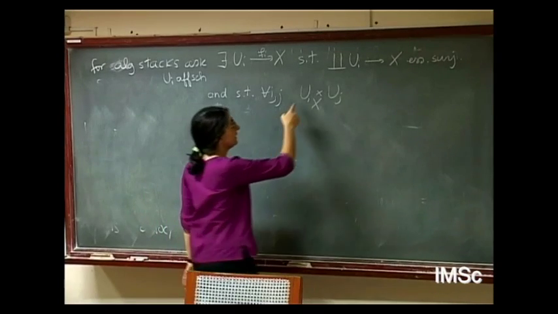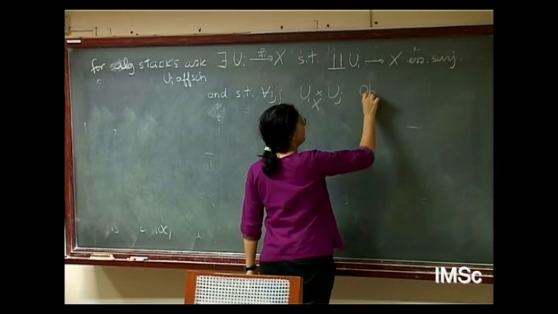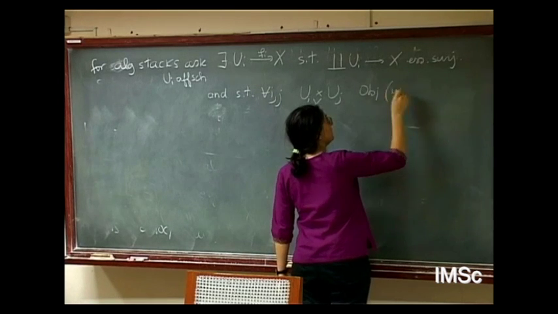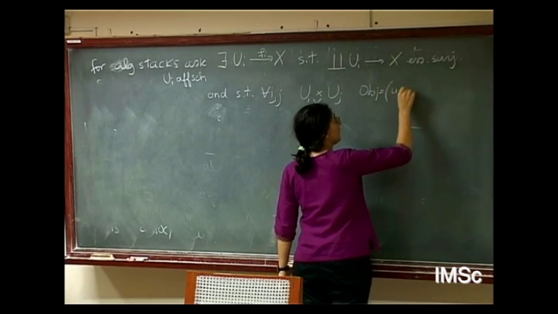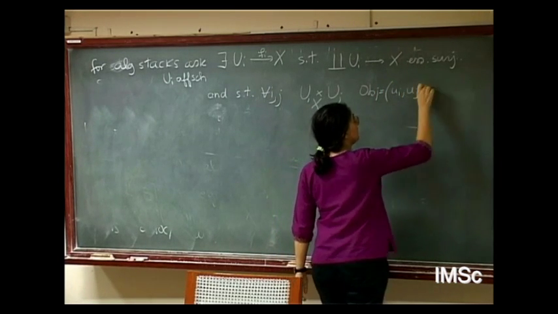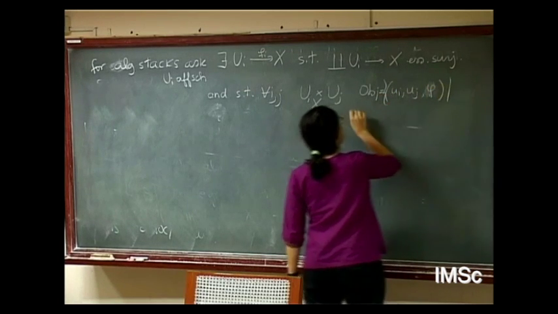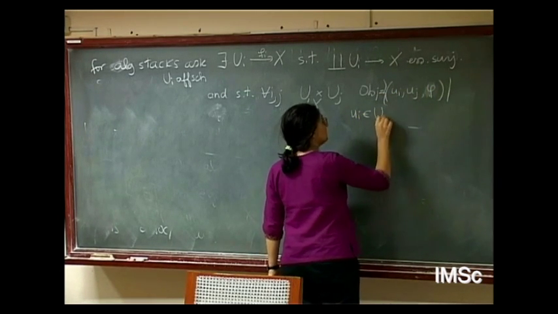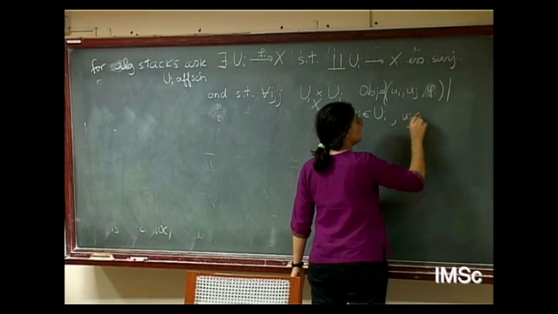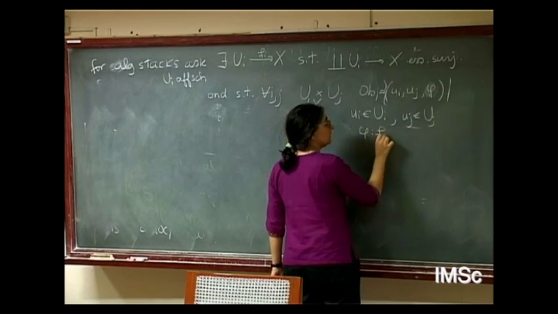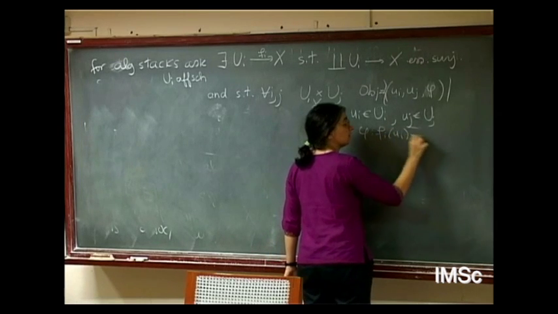So the objects here are triples, u_i, u_j, and phi, where u_i is in U_i, u_j is in U_j, and phi is an isomorphism.